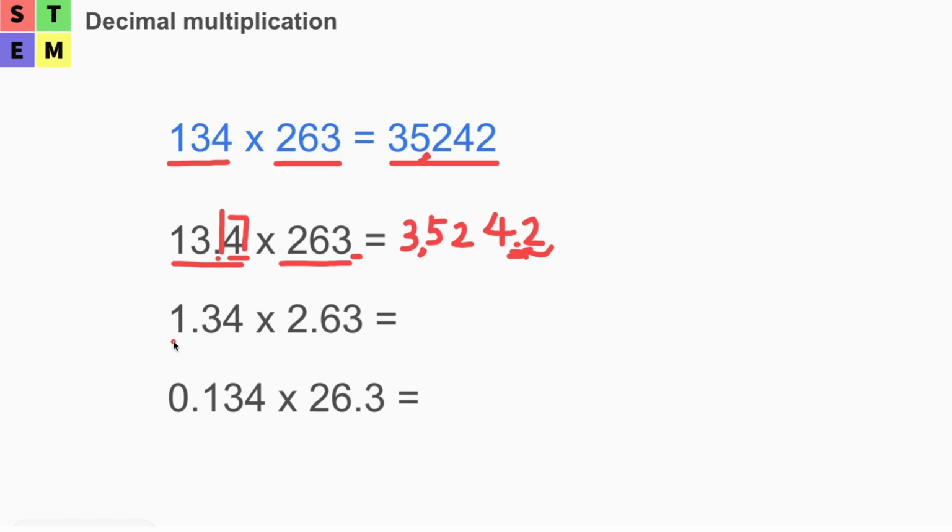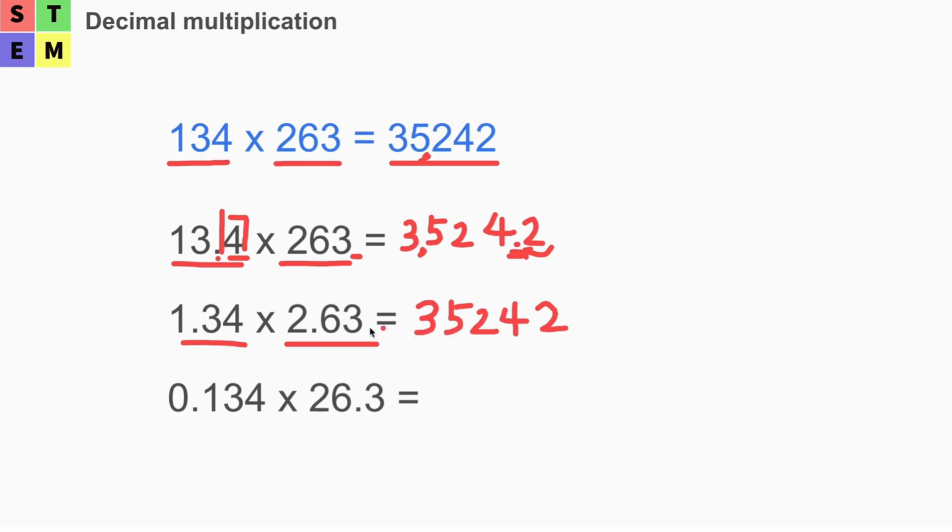So the next one, 1.34 times 2.63. Okay, again, same number: 3, 5, 2, 4, 2 here. Okay, so where's the point this time?